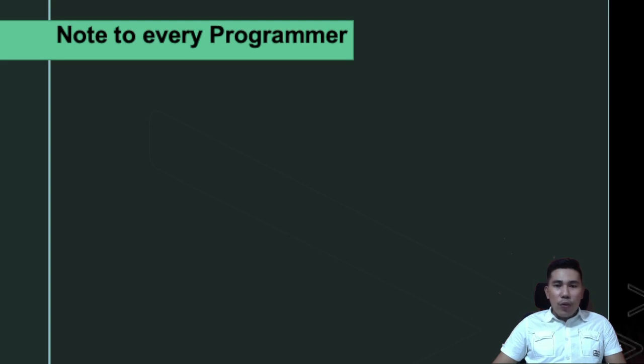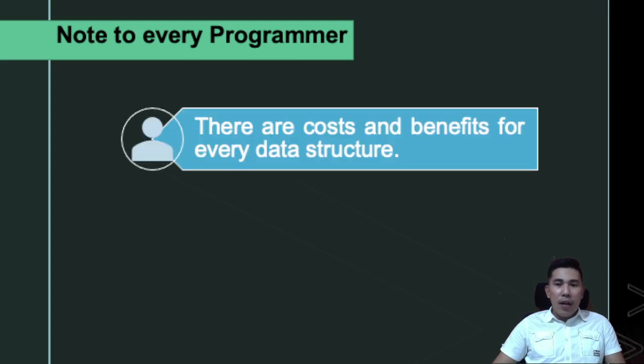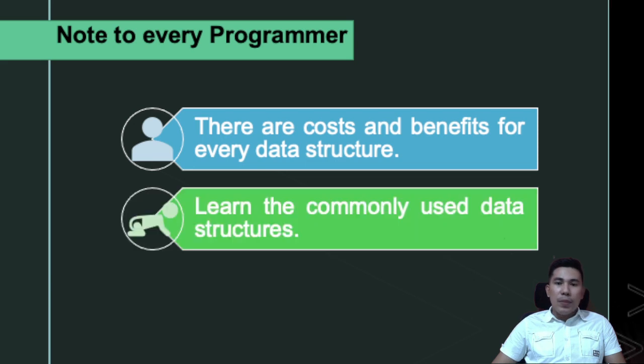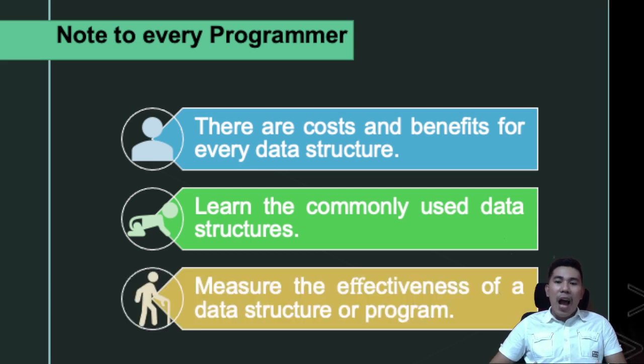So here, a note to every programmer out there: the very goal of learning this course is to reinforce the concept that there are costs and benefits for every data structure, which must be a worldview to adopt. Learn the commonly used data structures. This forms a programmer's basic data structure toolkit, in which we can select the appropriate data structure and algorithm, and understand how to measure the effectiveness of a data structure or a program.